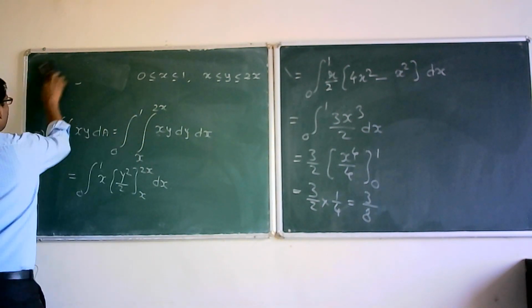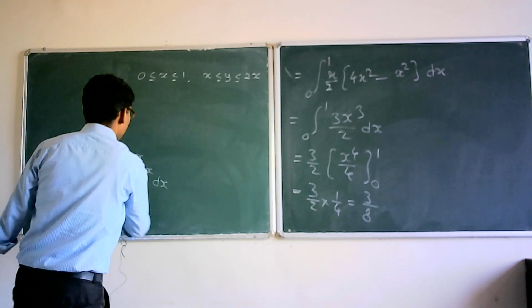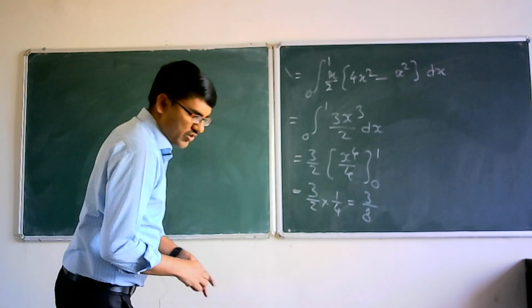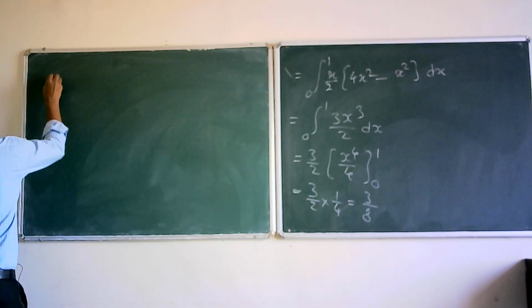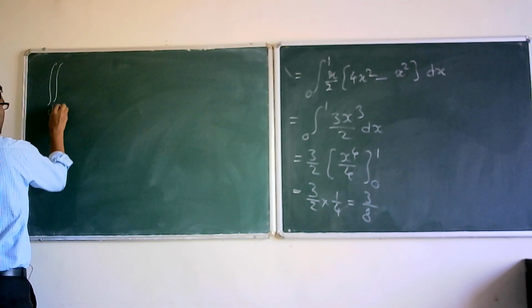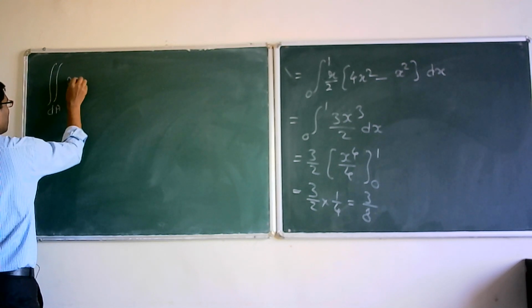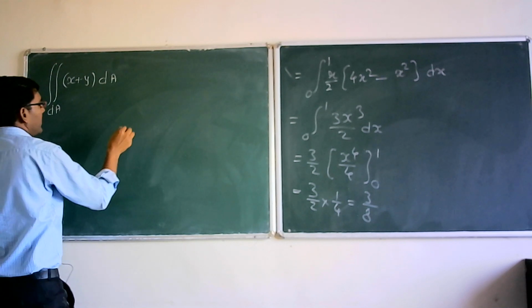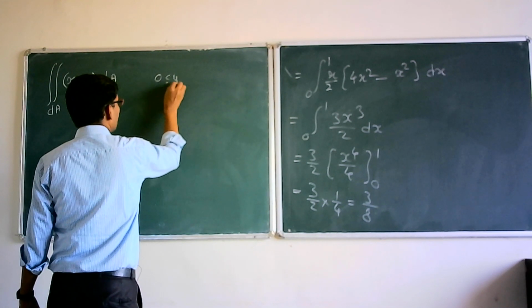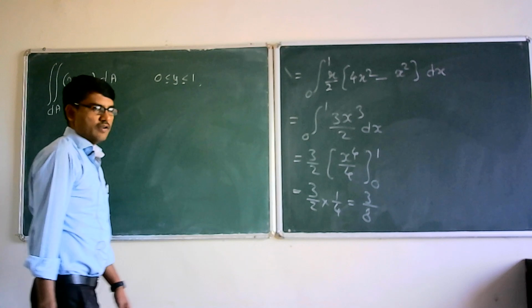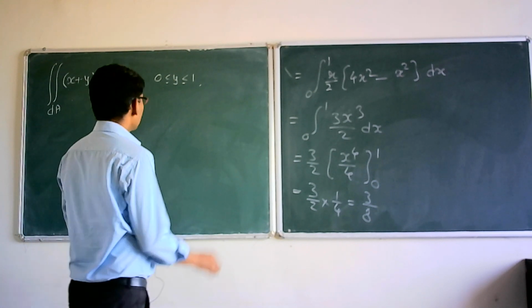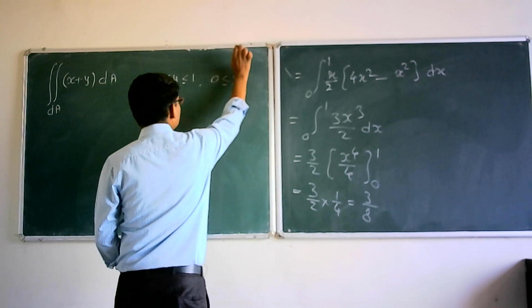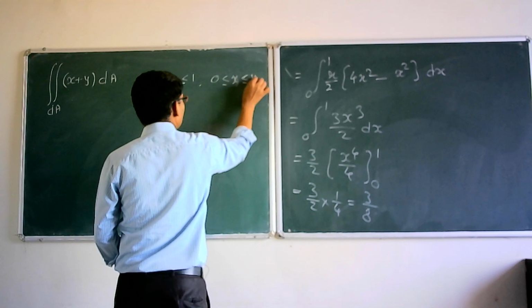For second example, suppose evaluate this double integration x plus y dA where 0 ≤ y ≤ 1 and the limit of x is suppose 0 ≤ x ≤ y.